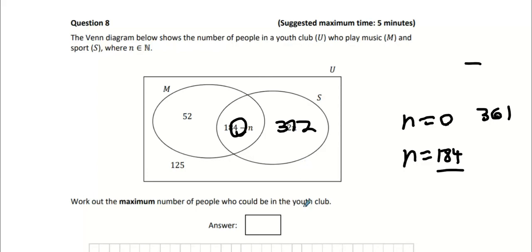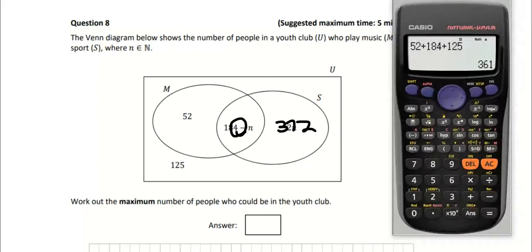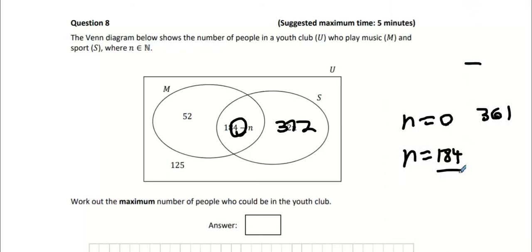Okay, so what we're looking for here is, I think, 372 plus 52 plus 125 people. So I'm going for 549. Okay, just give me a second with this one. I think I might have made an error. Oh, sorry, I did.